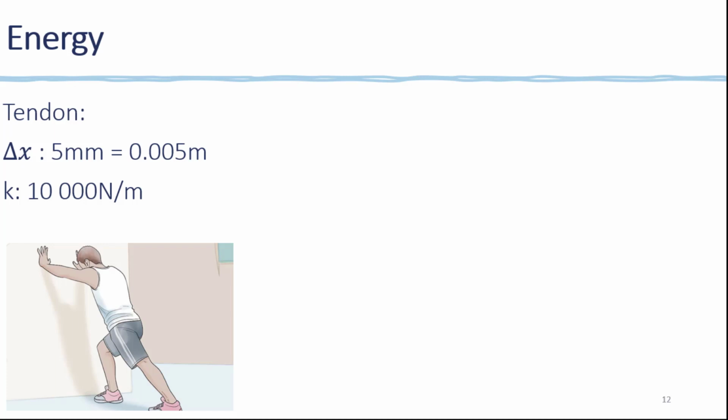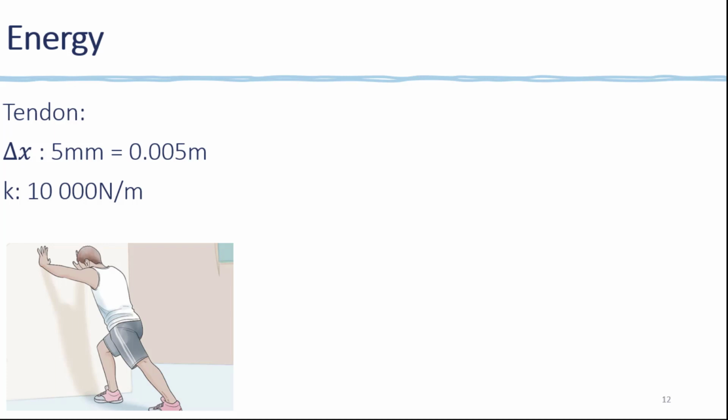Okay, so an example. How much strain energy is stored in a tendon that is stretched 5 millimeters if the stiffness of the tendon is 10,000 newtons per meter? So given this information, I invite you to pause the video and try to solve this now.